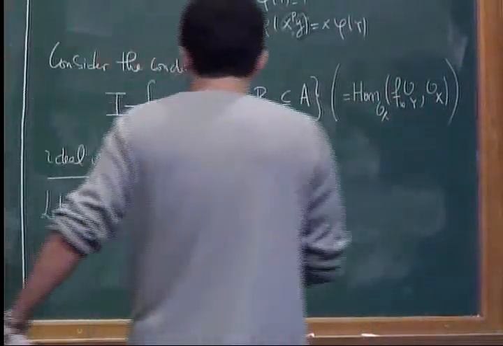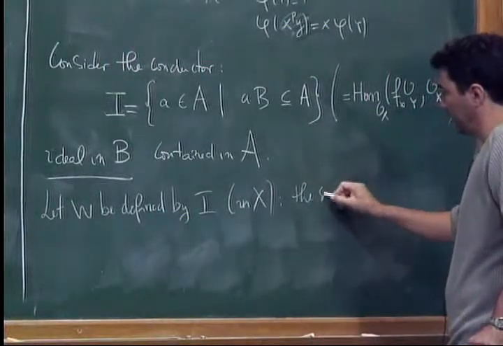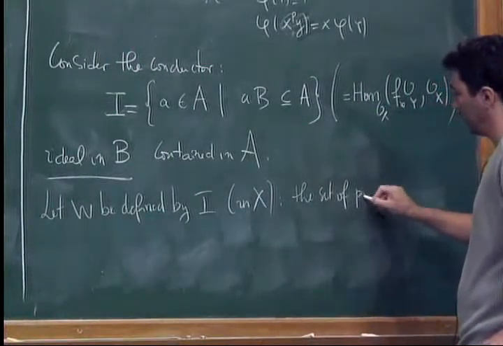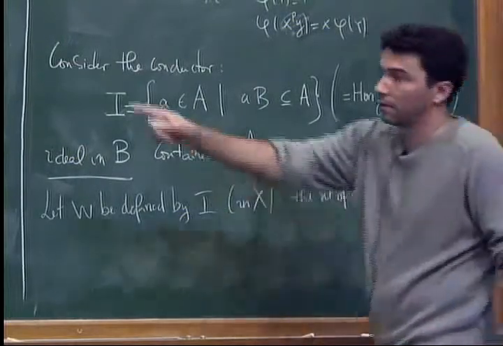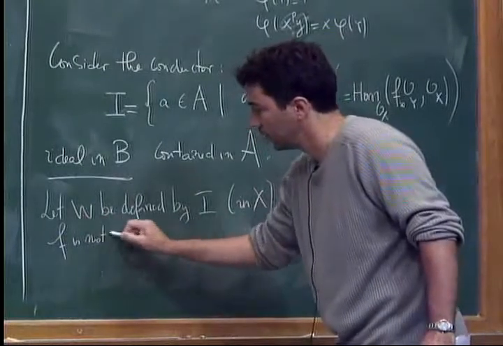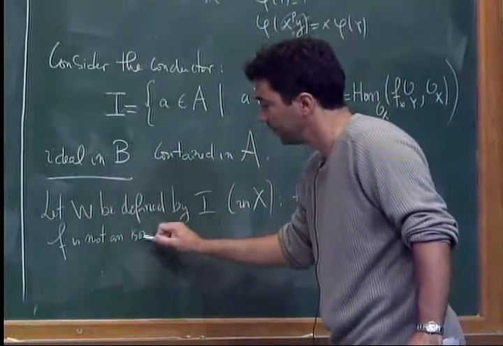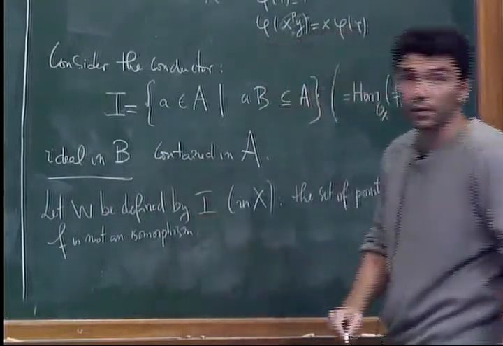Yes, this is exactly, at least as sets, the set of points where the map F is not an isomorphism of schemes.